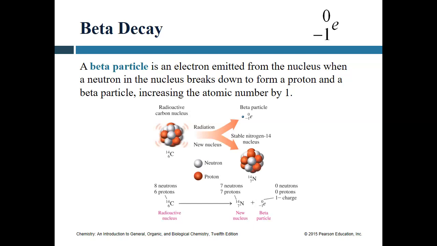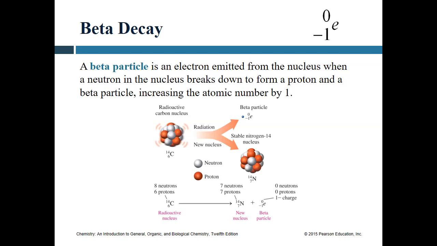For beta decays, again, the same kind of idea we see. We have an unstable nucleus that is undergoing some kind of radiation. It's going to kick off this beta particle and energy. And the resulting product here, nitrogen 14, is actually stable, not radioactive at all.